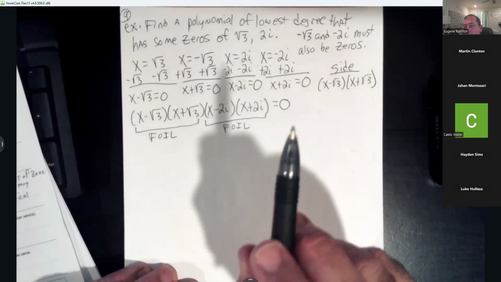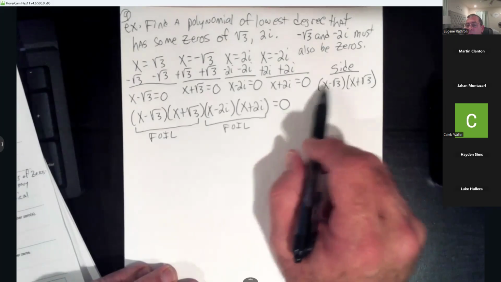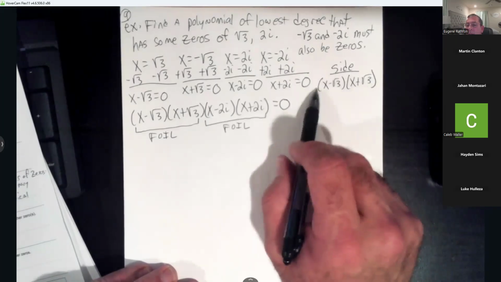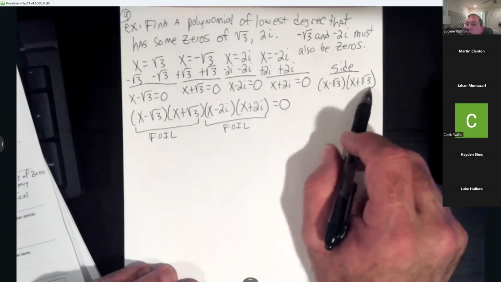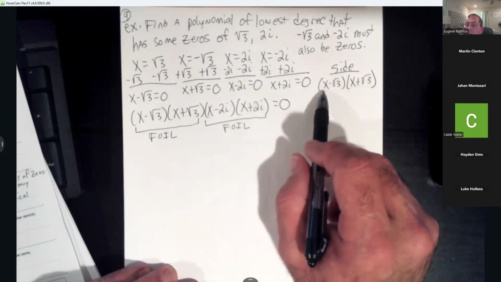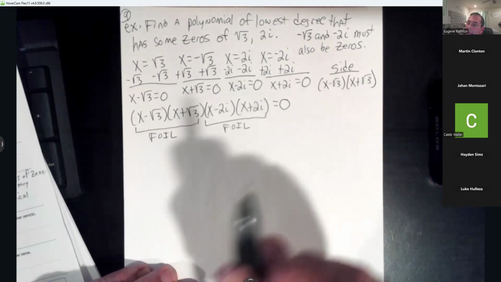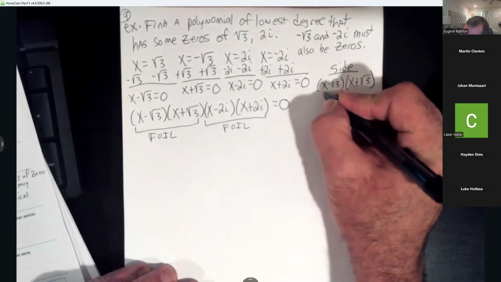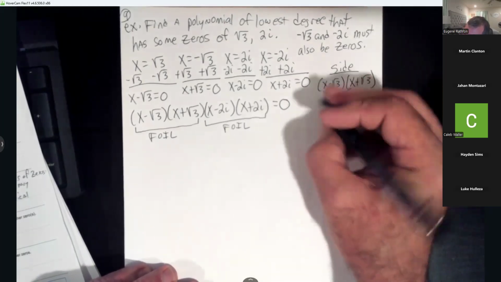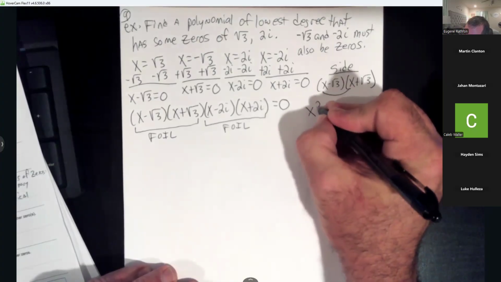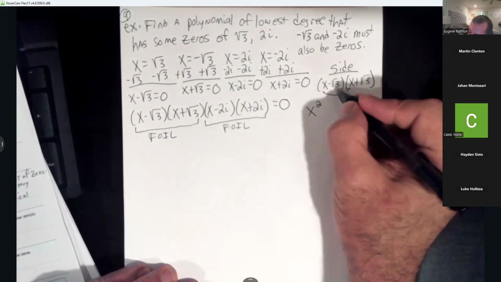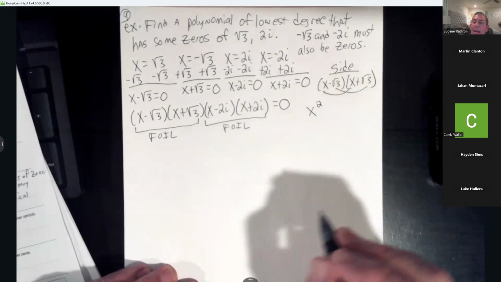So let me show you a trick. Since these are conjugate pairs, you can shortcut. You don't have to FOIL the whole thing out because the middle and the outer always cancel. So the shortcut is x times x, which will give you x squared. And then the last two get multiplied.